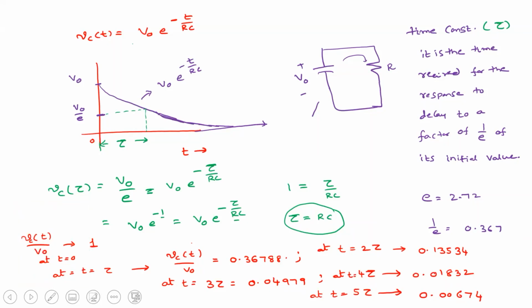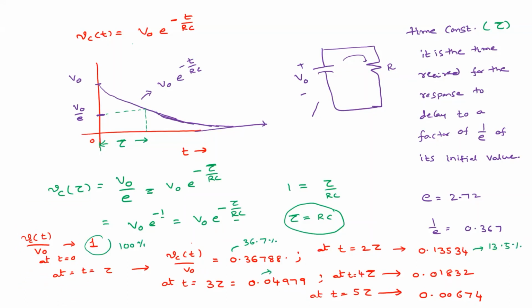Meaning is, at T equal to 0, if this is equal to 100%, then this one is only 37%.